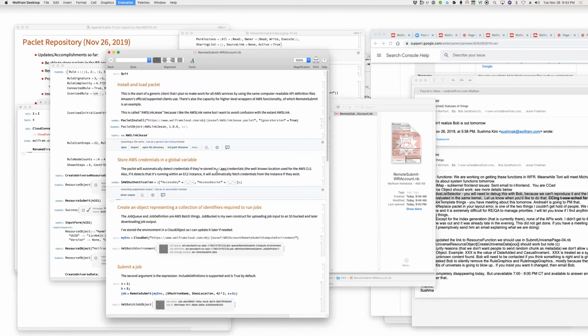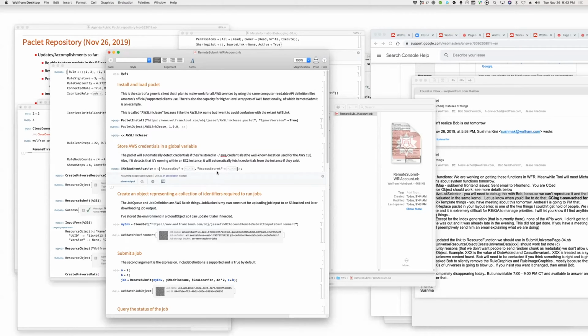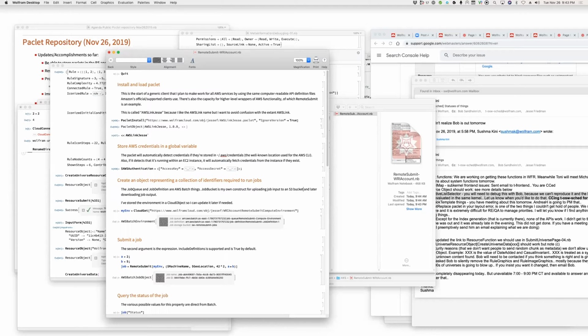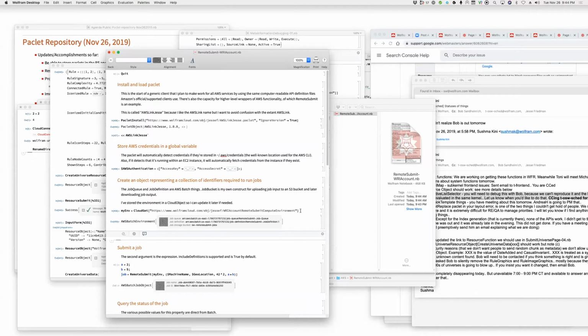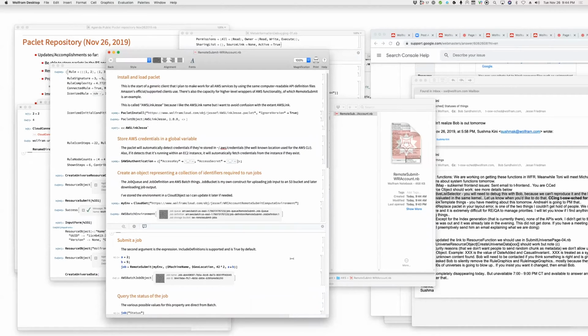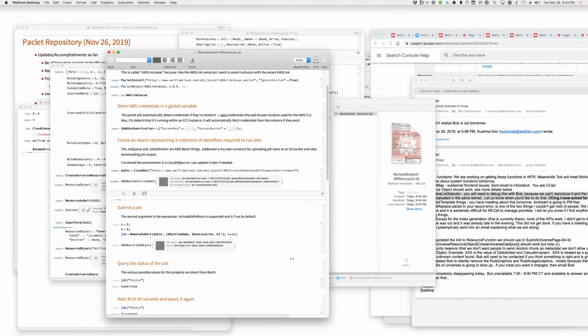It's 3 bucks. Yes, it should be. Cloud get of this thing. Yeah, that's just that expression because in case I need to change it, and indeed I did a little earlier today.